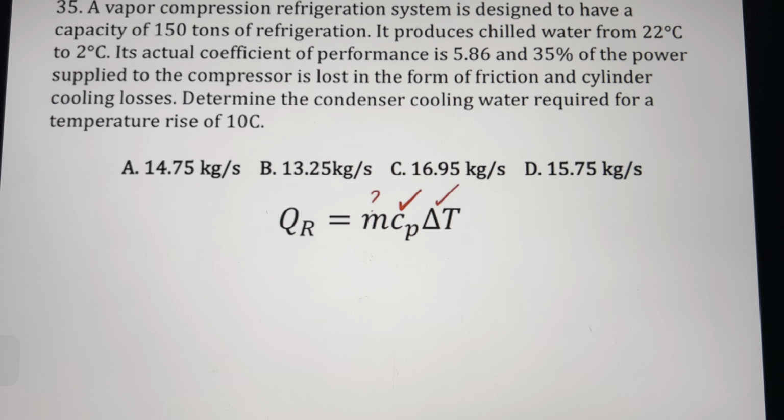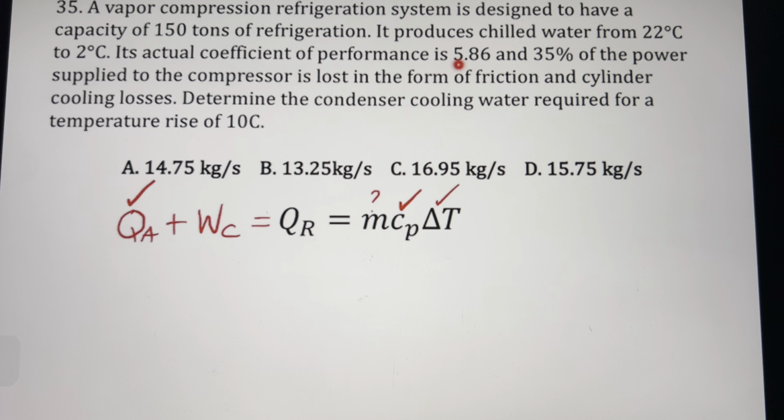So meaning, to be able to solve the mass flow rate of the condenser cooling water, we must first solve the heat rejected. So for a refrigeration system, take note, the heat rejected is equivalent to the sum of the capacity and the compressor work. We already have our QA, which is the capacity of 150 tons of refrigeration.